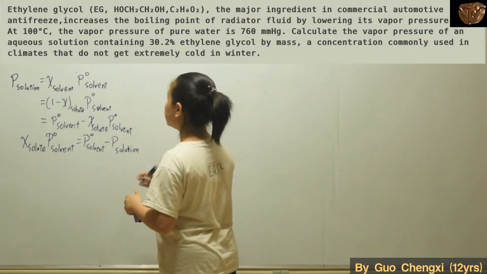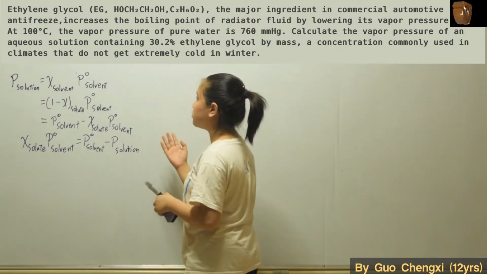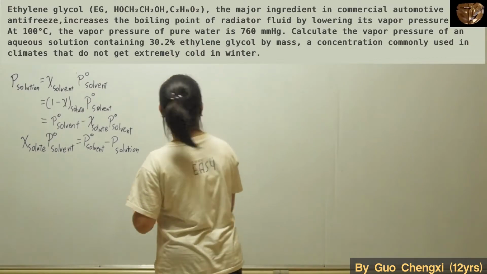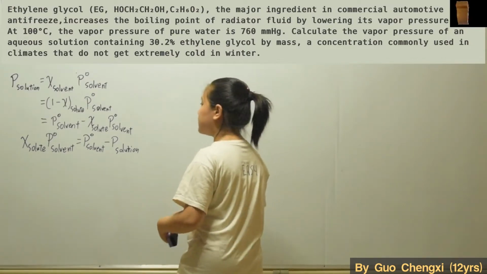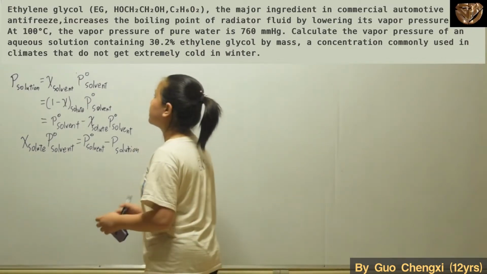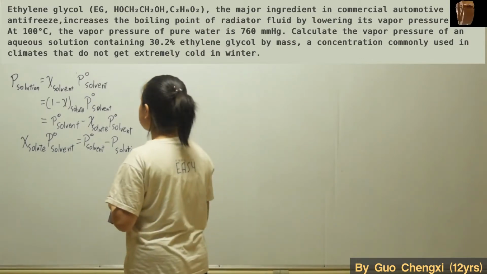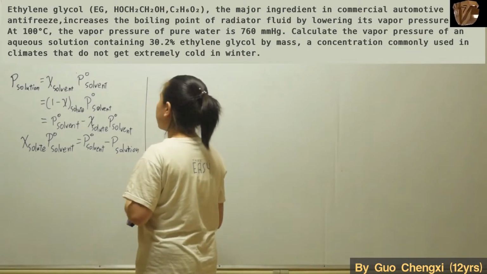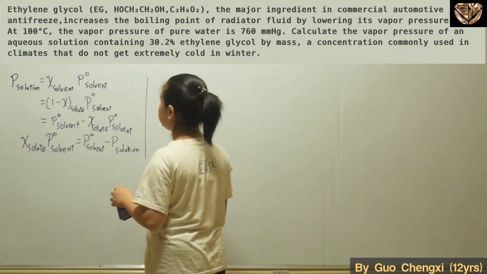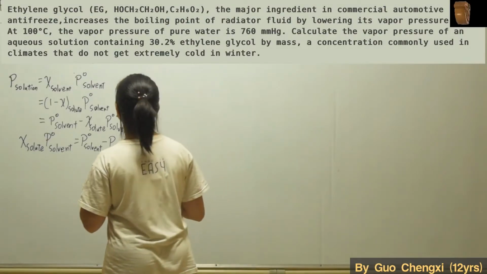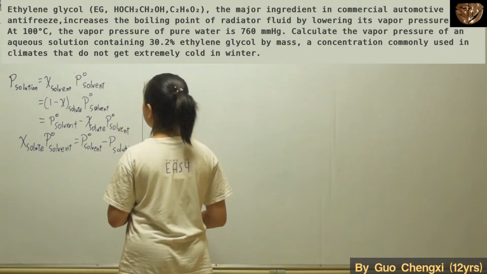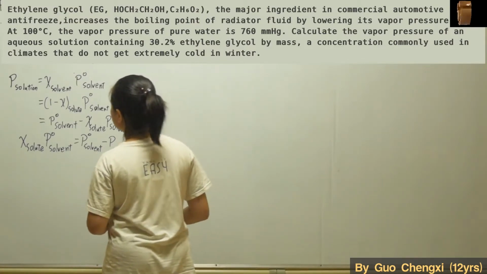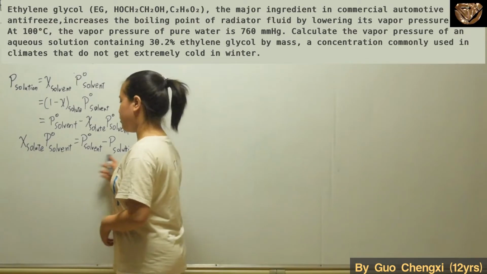So first we'll have this question. The first phrase is already ethylene glycol. So what is ethylene glycol? Ethylene glycol, in short form, is EG. We're going to read this question first, but before that, we're going to explain why I wrote this part.